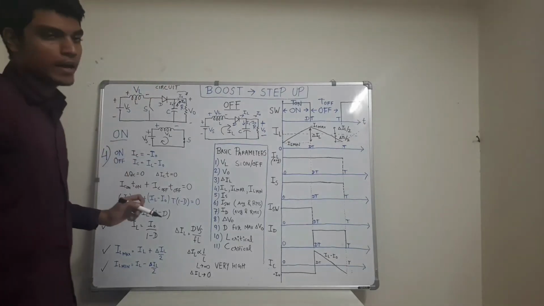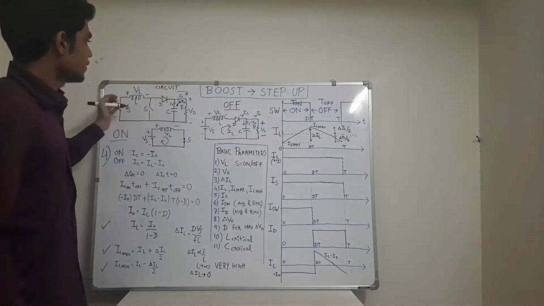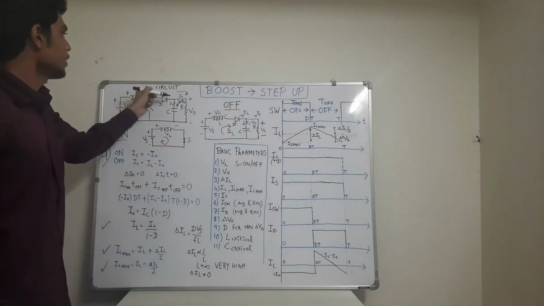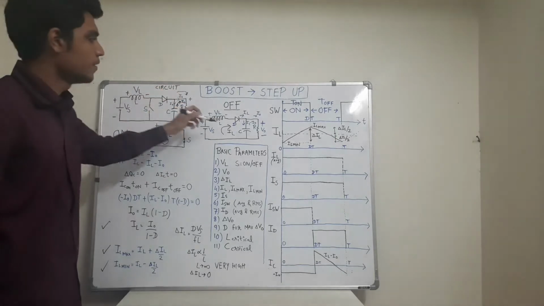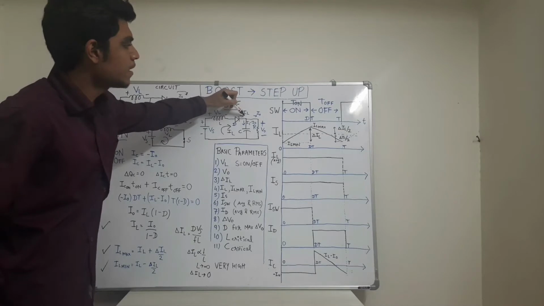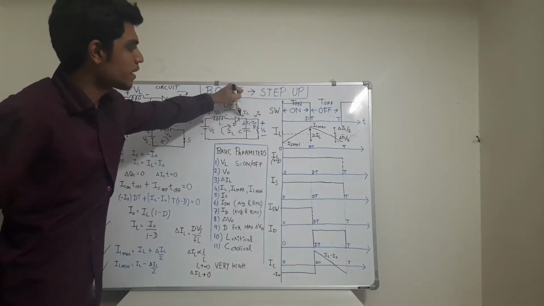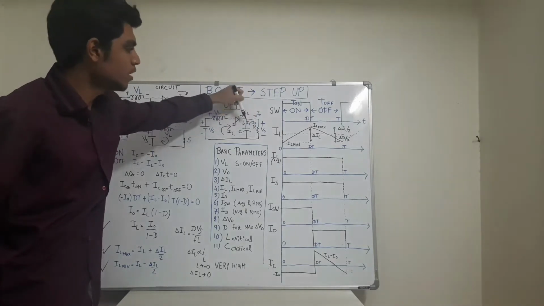Now, during off time, as the switch gets disconnected, the inductor current starts flowing through the diode into the load. So the capacitor current will be equal to this IL current minus I naught, which gets subtracted from IL and is delivered to the load.